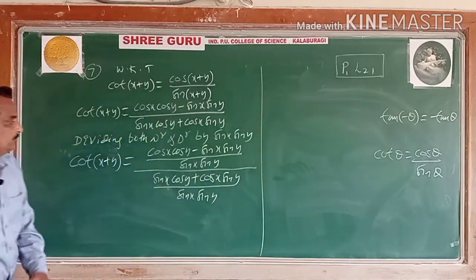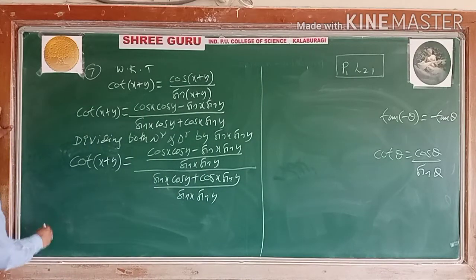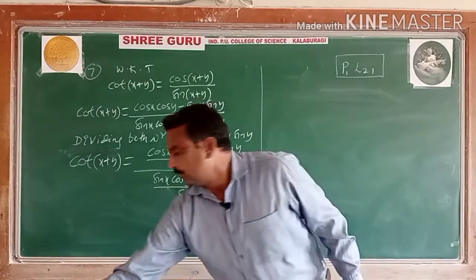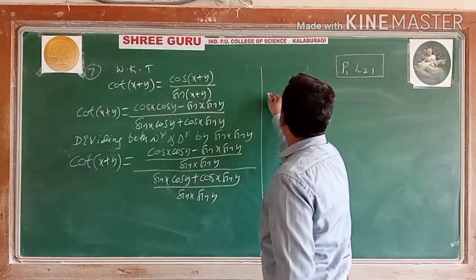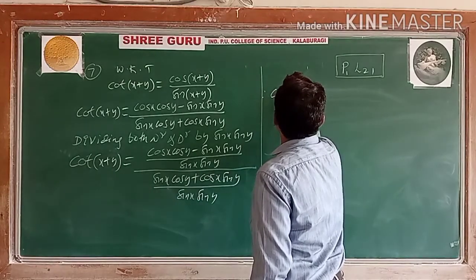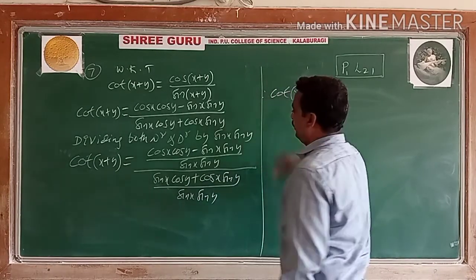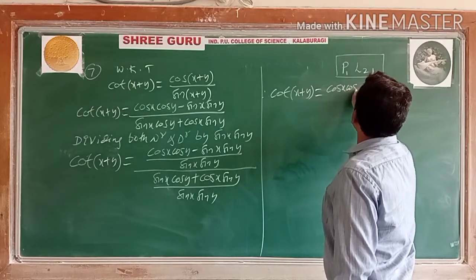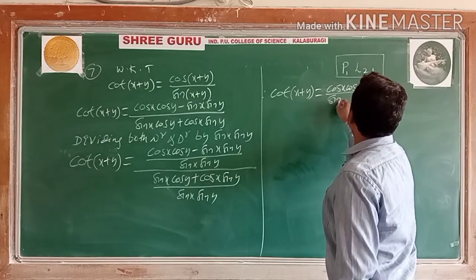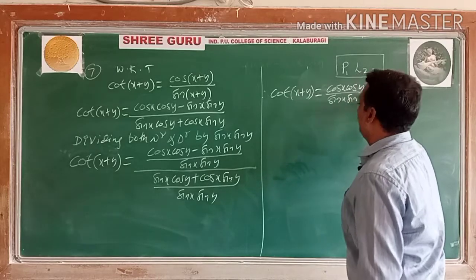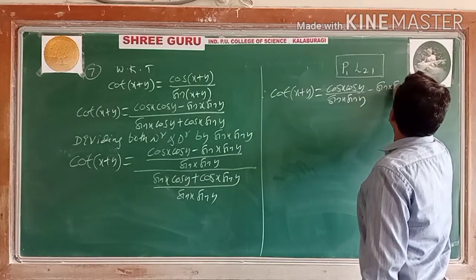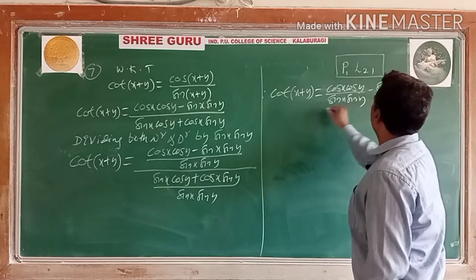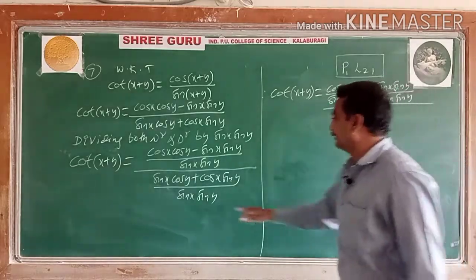Now separately dividing, you will divide separately the terms. Therefore cot of x plus y is equal to, dividing separately here, cos x cos y divided by sin x sin y, minus sin x sin y divided by sin x sin y, dividing both numerator and denominator by sin x into sin y.